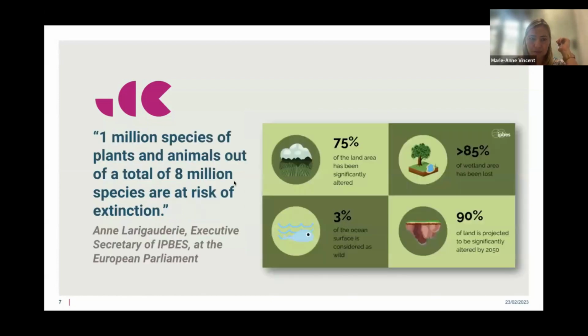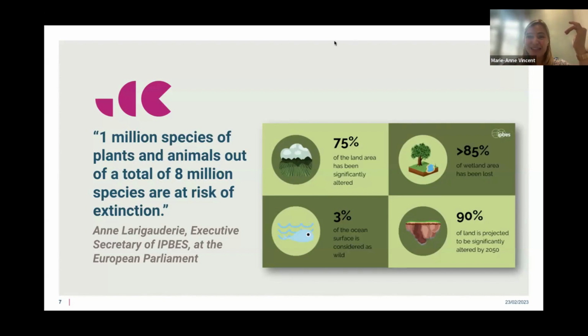We don't count all of them, of course, but the population of species is decreasing at a quite significant rate. When you talk about biodiversity, people look at the polar bear or the cute animals, but it's much more than that, because it can affect different ecosystems, different species, freshwater, ocean, etc. Today we estimate that 75% of the land area has been significantly altered, maybe through agriculture or urbanization. 3% of the ocean surface is considered wild, so it's not much anymore.